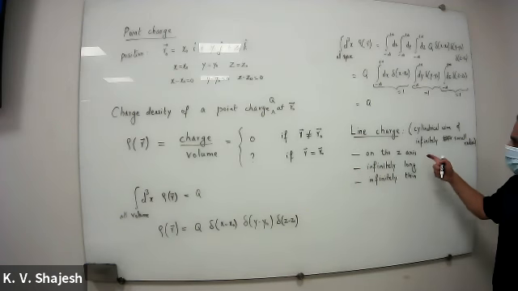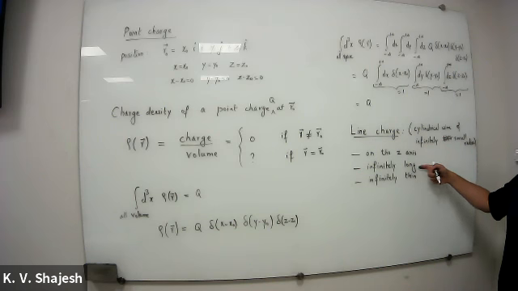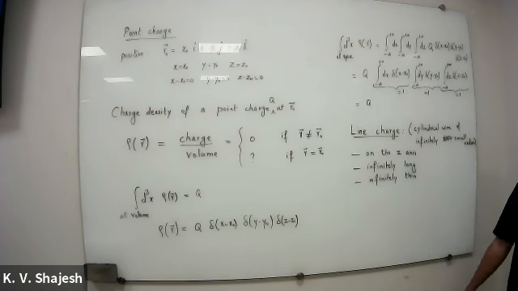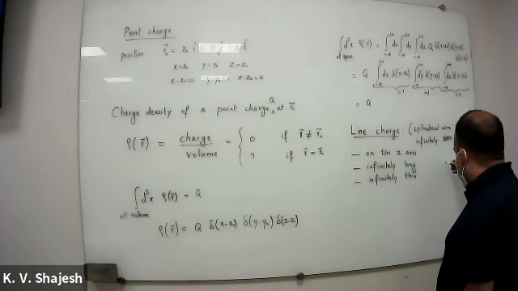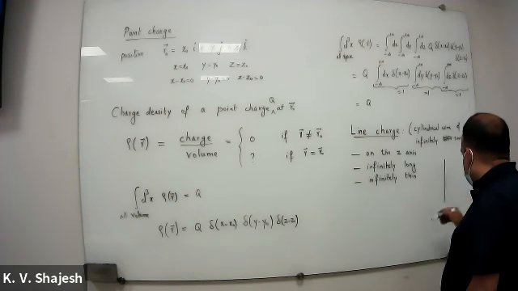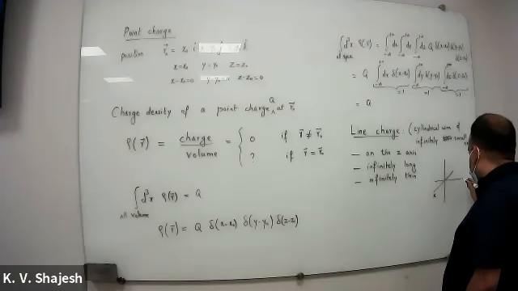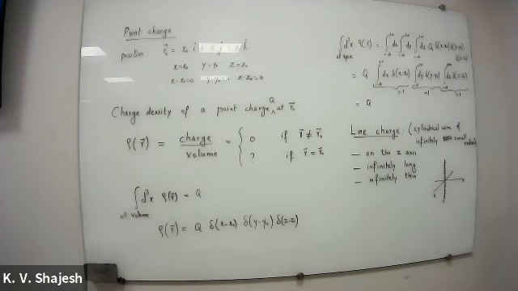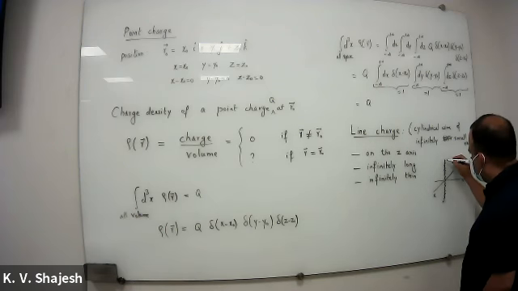So you will picture this as there is a z-axis there. That's your x-axis, y-axis, and that's your z-axis. And it is uniformly charged. Let's say this is positively charged.